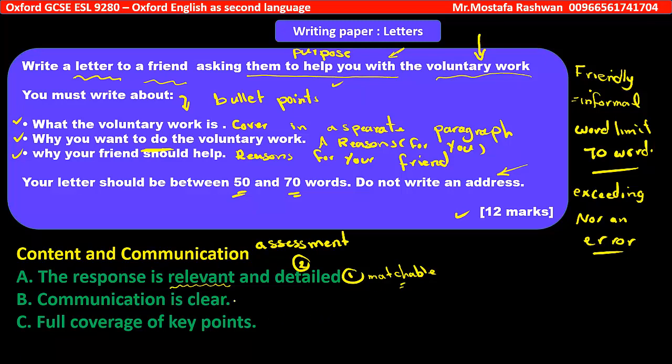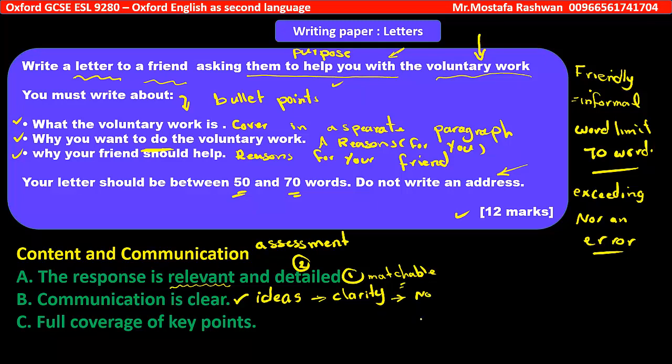B, communication is clear. And what we mean here by communication is clear, we mean that ideas are really clear to the reader. So here you are evaluated based on your clarity of ideas. Ideas are clear. The reader doesn't need to ask you a question to clarify this idea to him.